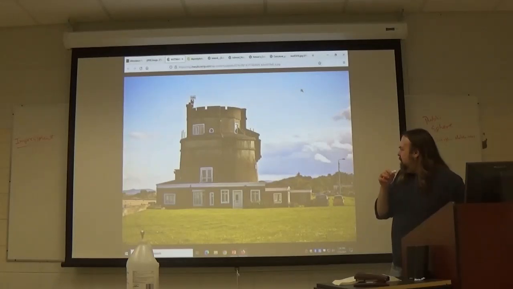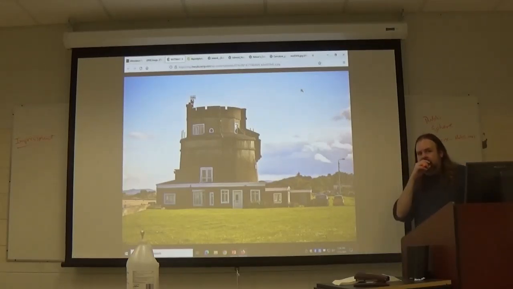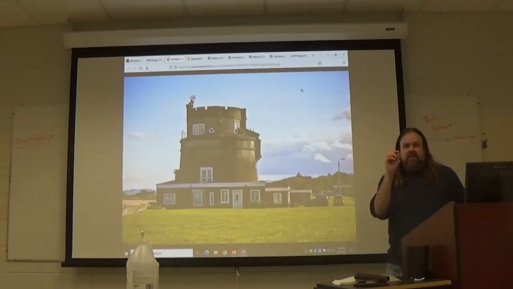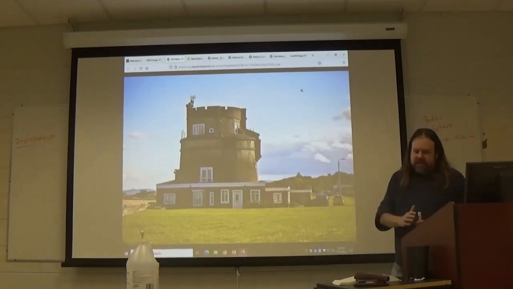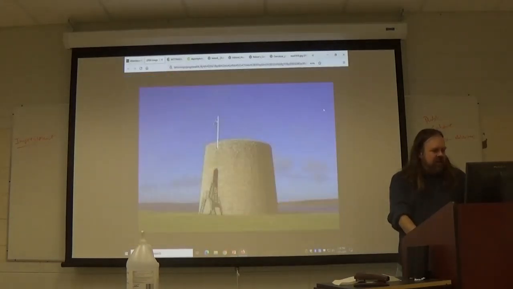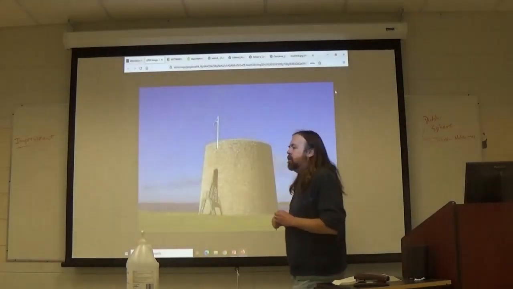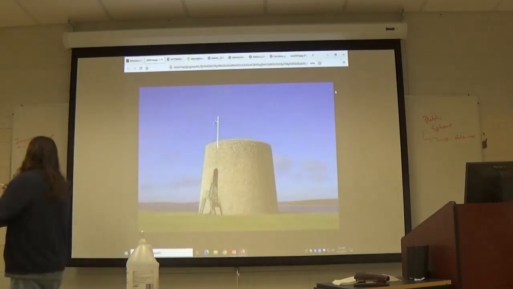And at least some people took the idea of an actual threat of invasion seriously enough that they did start building defenses. So this and this are examples of what are called Martello towers.